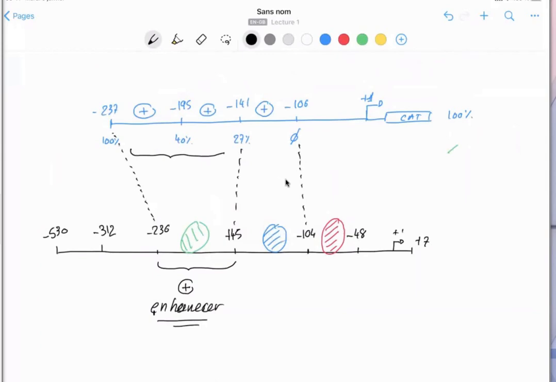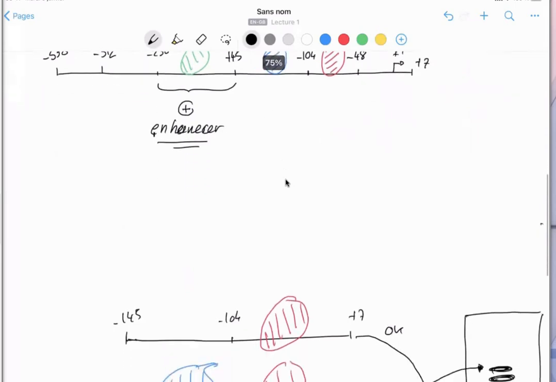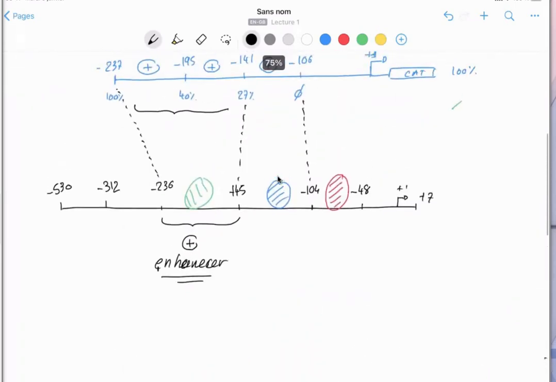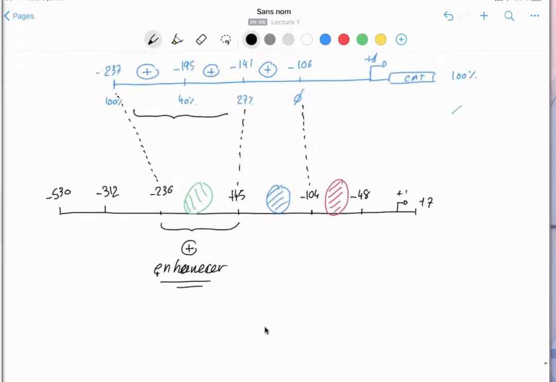Okay, so this is what we can say about this part of the exercise. All right. Do you have any question concerning this part? Tell me anyway. We have 20 minutes left. And we're going to do the second part of the analysis, so we can make the full synthesis on what's happening on the promoter.